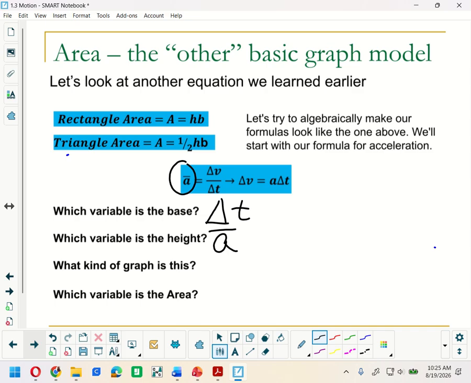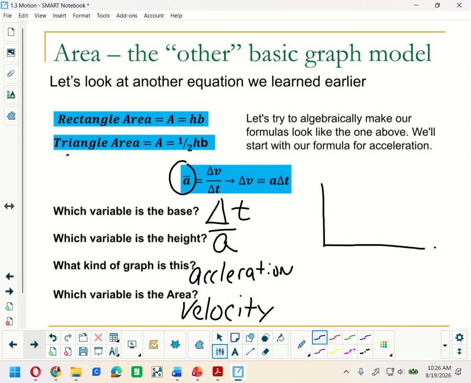It is an acceleration graph. When I have an acceleration graph, I am finding the velocity. So here's an example of this graph right here. This would be a velocity over time. So this is a graph of the acceleration.